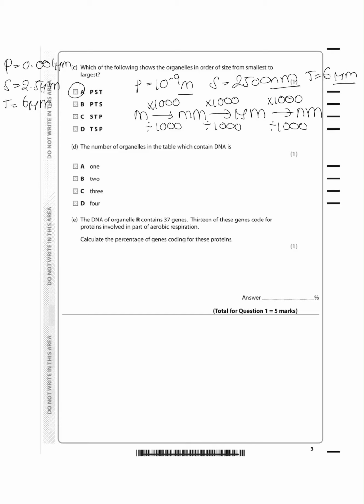Right. Now, D. The number of organelles in the table which contain DNA is, well, there are only 3 organelles which contain DNA. That is the nucleus, the chloroplast, and the mitochondria. Chloroplast and mitochondria contain DNA that does not belong to the nucleus, and that is because of the theory that they used to be independent of the eukaryotic cells but were engulfed later on by them.